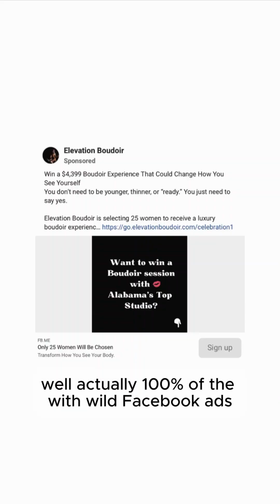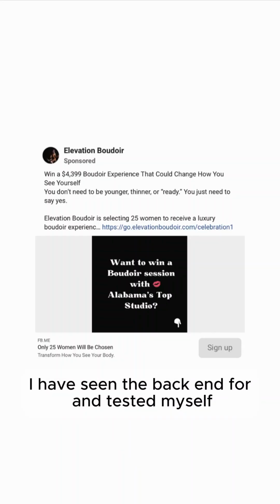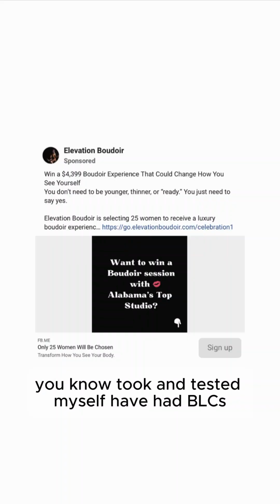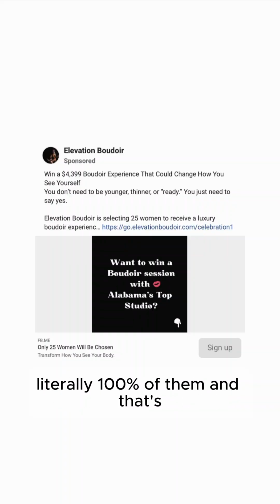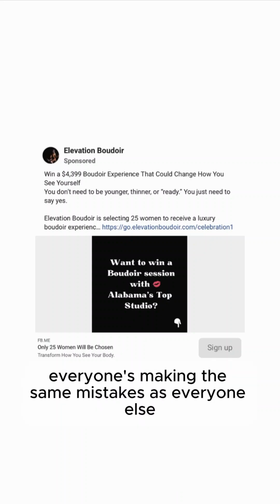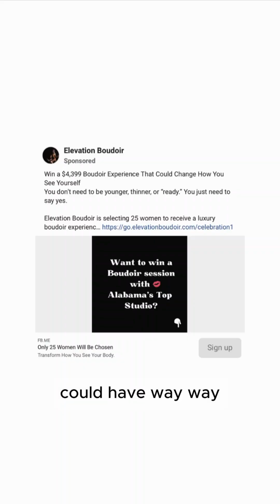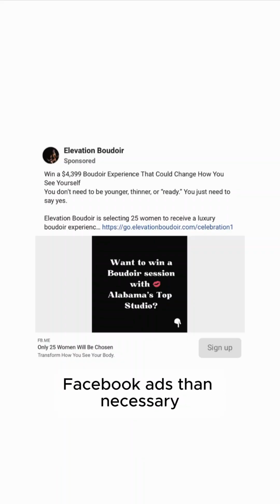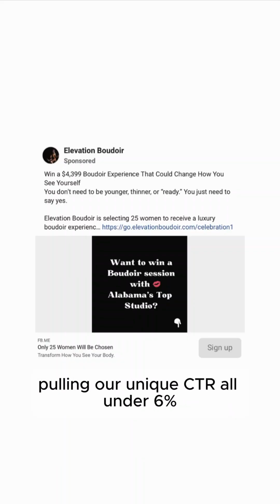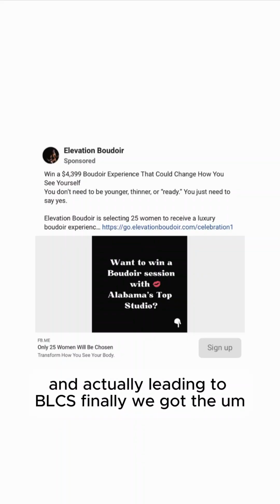Well, actually, 100% of the Boudoir Facebook ads I have seen the back end for and tested myself have had BLCS, literally 100% of them. And that's because everyone's making the same mistakes as everyone else. So the consequence of the looks like an ad mistake is that we're gonna have way more women scrolling by our Boudoir Facebook ads than necessary, pulling our unique CTRL under 6%, and leading to BLCS.